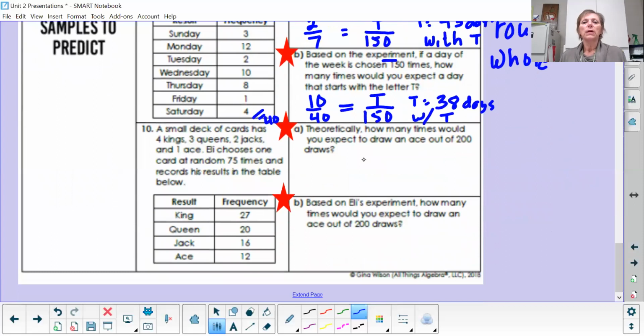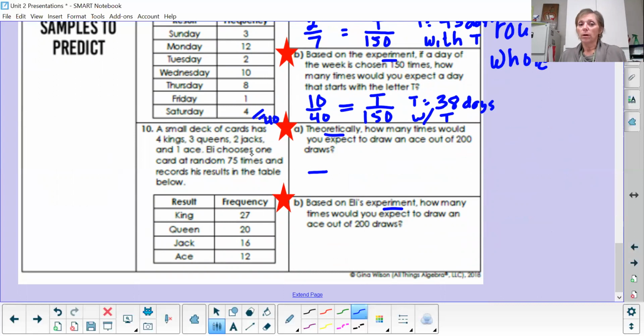Okay, last two. Again, theoretical, experimental. So disregard this, read this. A small deck of cards has 4 kings, 3 queens, 2 jacks, and 1 ace. Okay, I had folks just go straight ahead and they put a 4 here because they saw 1, 2, 3, 4.